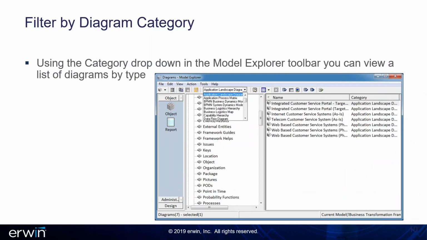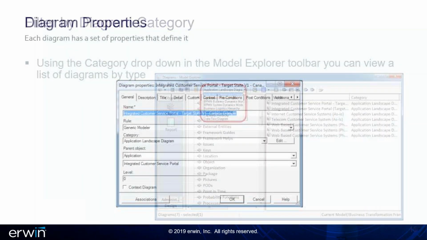Diagrams are also category aware, so this is one place where you will most likely use categories all the time, even if you're not sub-categorizing things like applications or technologies. You will most likely sub-categorize diagrams, and this will be a really easy and useful way for you to manage your content. And we highly recommend that you do that, and all the sample models that ship with the product will have categories of diagrams.